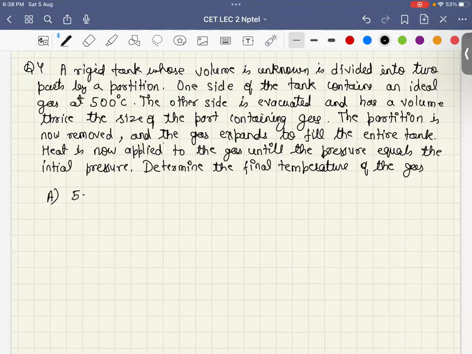Given options: 500 degrees centigrade, 2327 degrees centigrade, 2819 degrees centigrade, and option D, insufficient information.